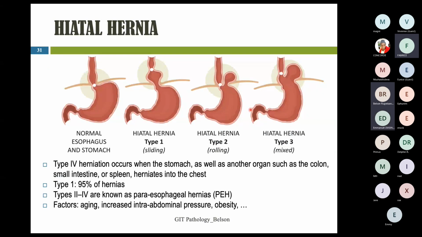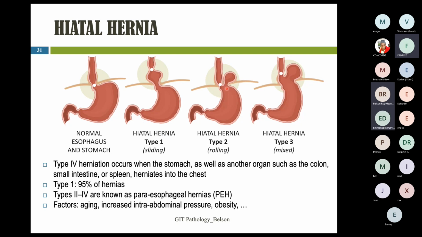So hiatal hernia. This is normal condition where the stomach is in the esophagus and the diaphragm is here. And here you see that there is a section of the stomach which went above the diaphragm. So this is the sliding hiatal hernia. Here it is lowering.